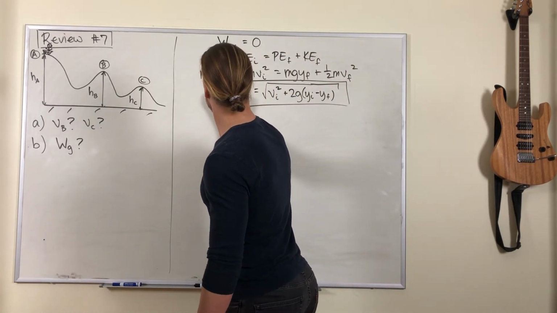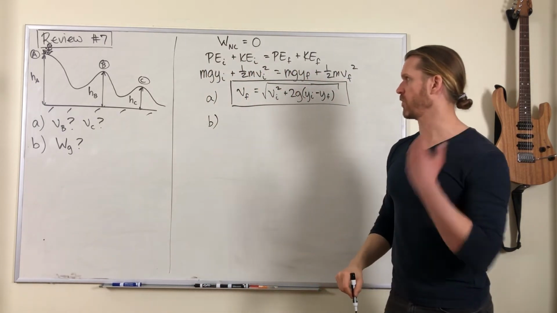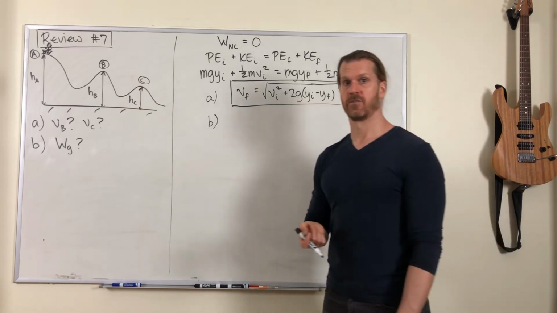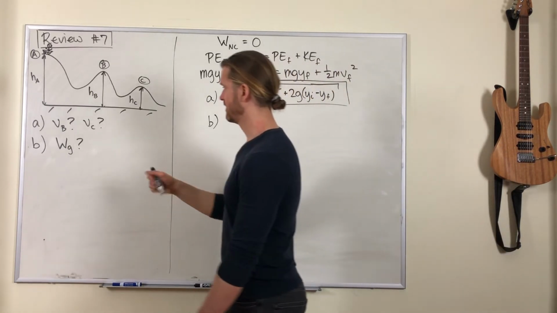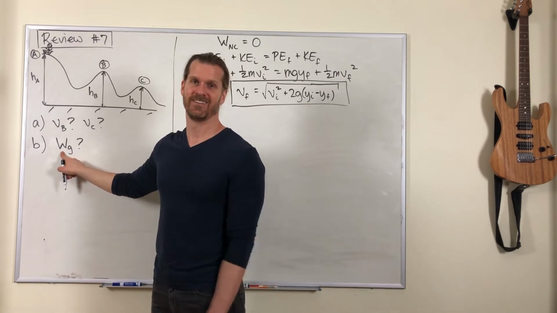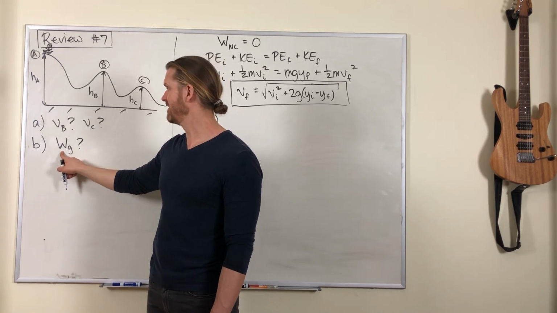And so that was the first part of the problem. The second part of the problem asks for the amount of work done by the gravity force. And again, this notation, sorry we only have 26 letters in the English alphabet.